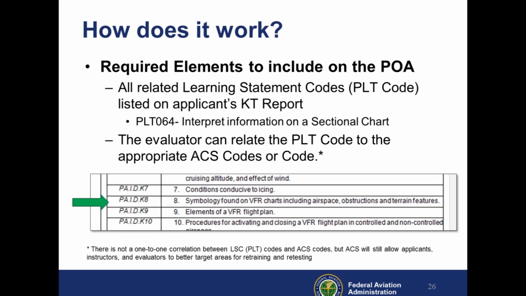We do recognize that one examiner may pick a slightly different ACS code than another, but as long as the same concept is being evaluated, that satisfies our requirements. So in this case, the examiner would include Kilo 8 on your practical test because you missed that on your knowledge test.